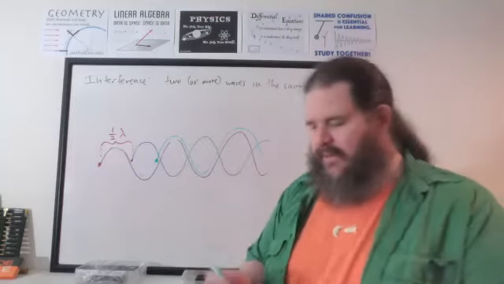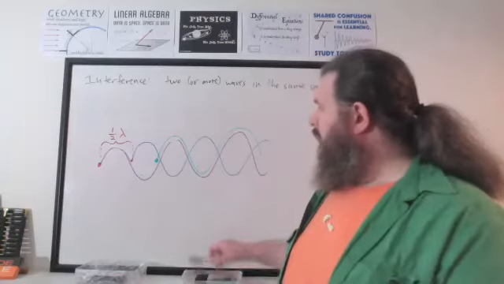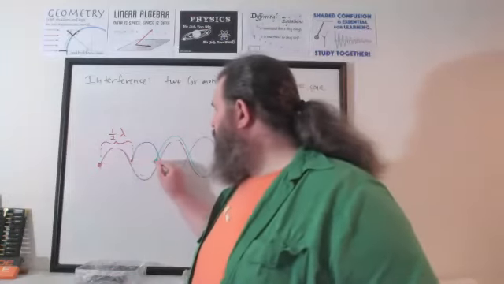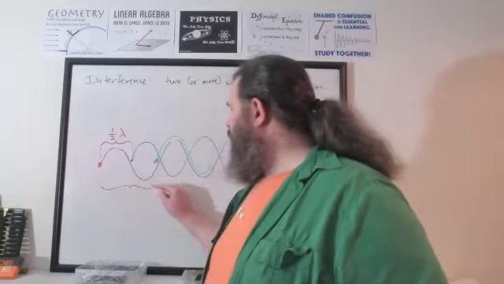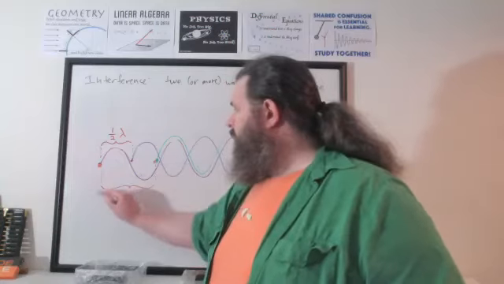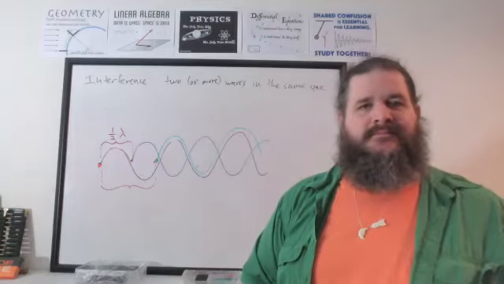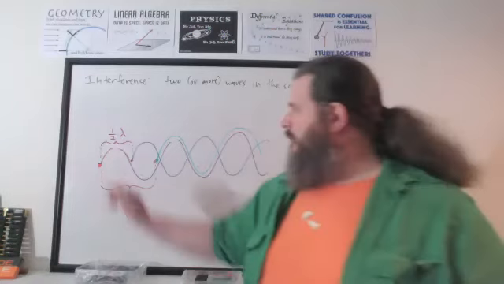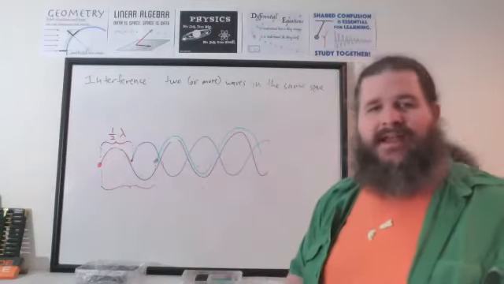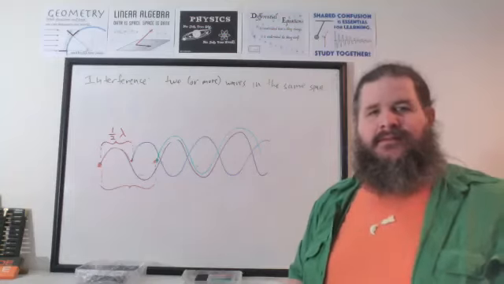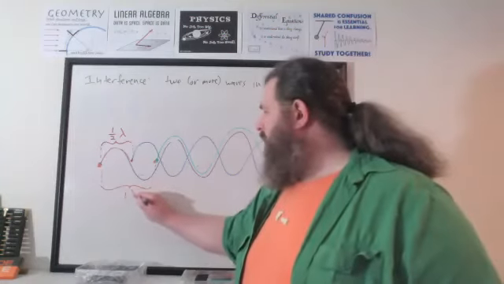Constructive. Yeah, that's constructive interference as a result of how much difference in starting point? How far of a head start did the green wave get? A full wavelength. Yeah, one full wavelength.